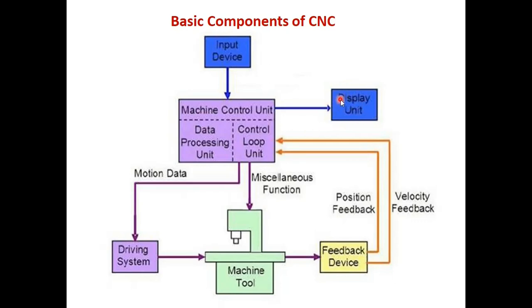So on the display unit I can see the X coordinate, Y coordinate, and Z coordinate. For example, if in the input I say switch on the spindle, it goes to the miscellaneous function, switches on the motor at some specific RPM, and then the same feedback goes to the control unit and gets displayed.